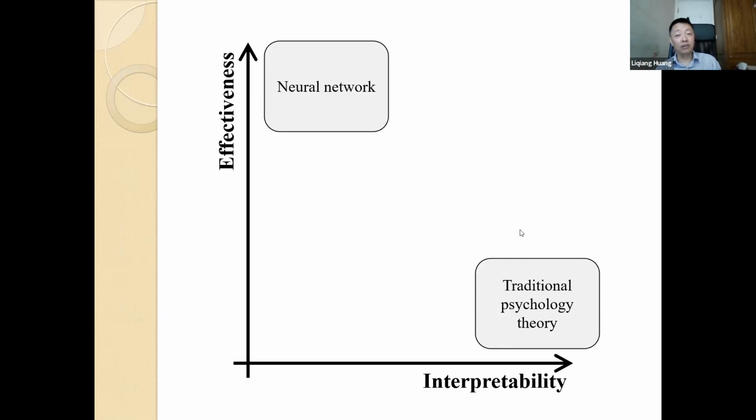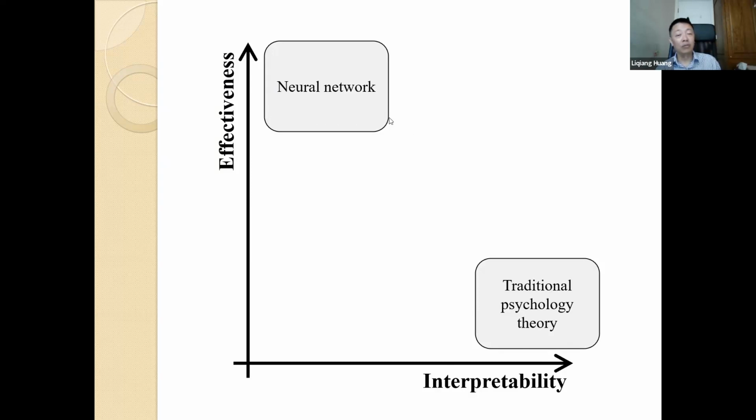For example, we all know face recognition. We have those psychology theories based on parts and features and also configural processing. It's highly interpretable, conceptually very clear, but it has a problem because it simply couldn't explain the data very well.